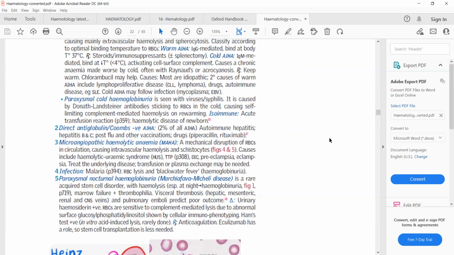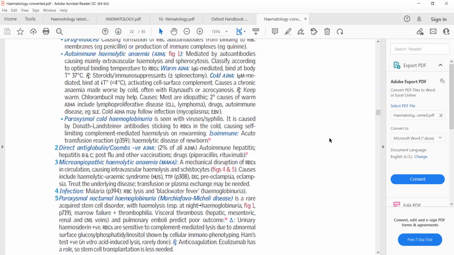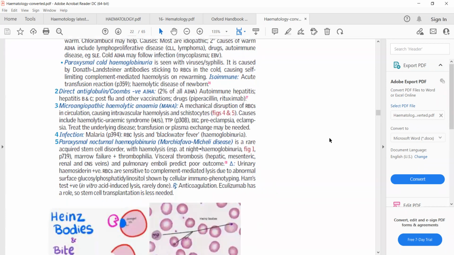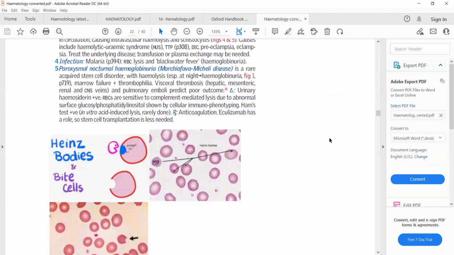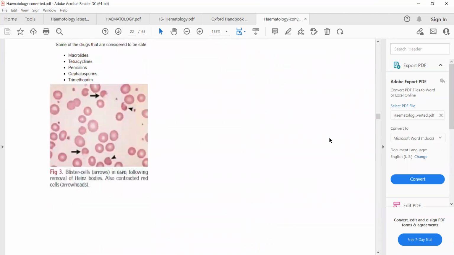Here we'll only discuss autoimmune hemolytic anemia and microangiopathic hemolytic anemias. Infection we'll discuss in the infectious disease chapter, and paroxysmal nocturnal hemoglobinuria is a rare disorder. It will not usually be asked in the PLAB 1 exam, so we will not discuss it here.